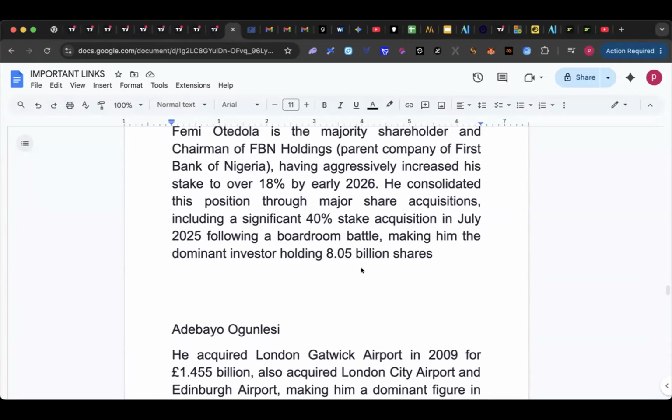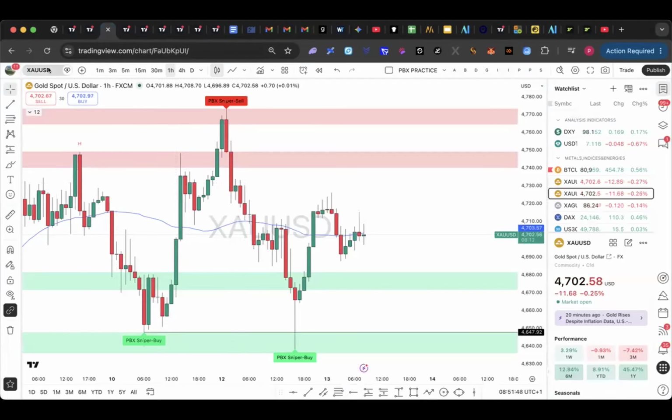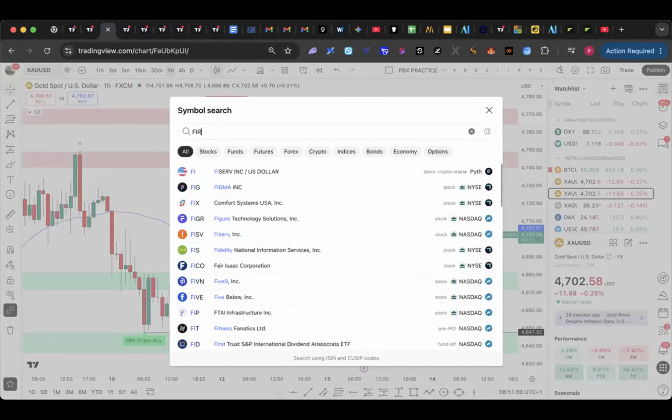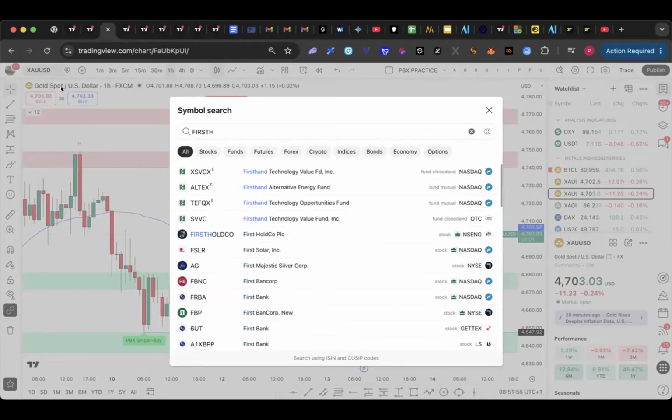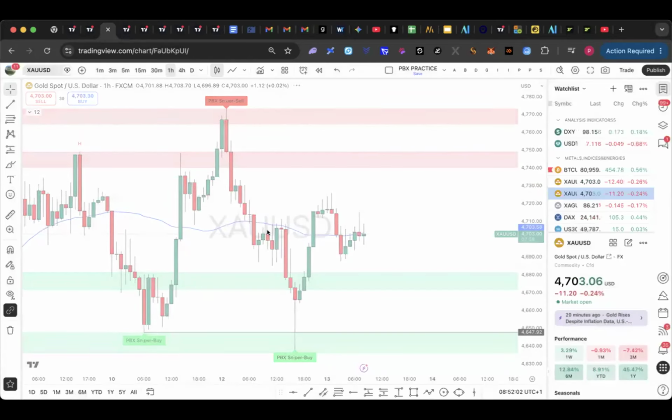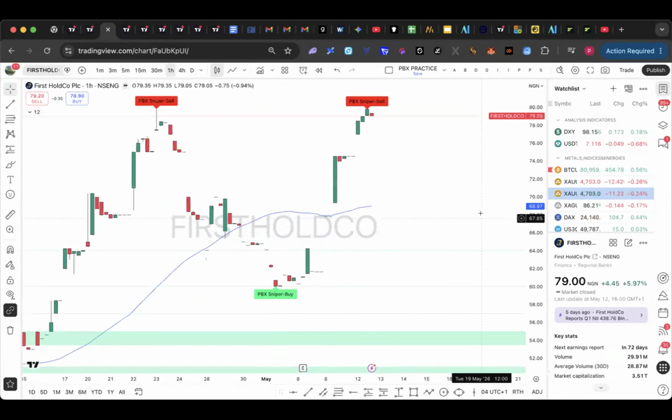8.05 billion shares. Go and calculate it by one unit of the share. I think one unit of First Bank now should be an average of how much? I like figures. I don't play with figures. Let's look at it. First Bank is over 75 naira. Okay, I just want people to see it so that I will not blab. Now, somebody is seated on 8.05 billion shares.